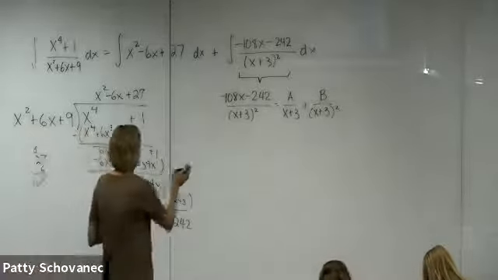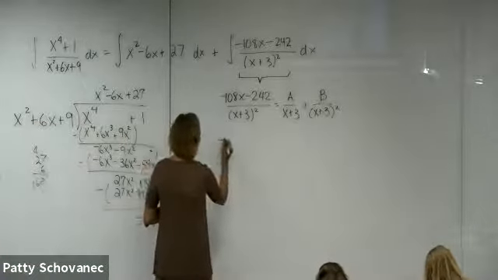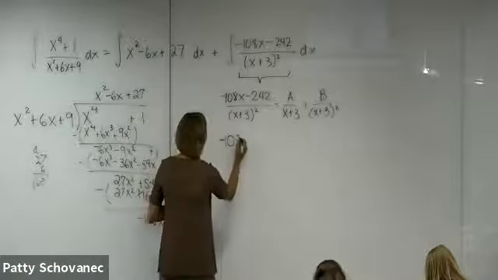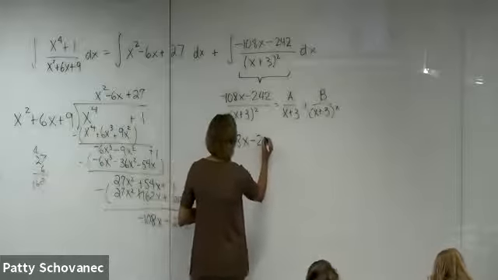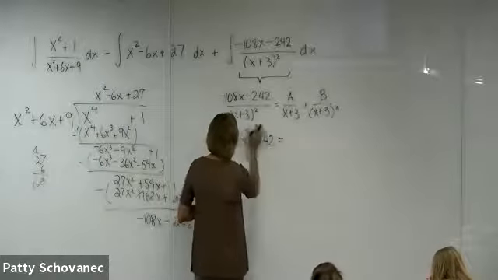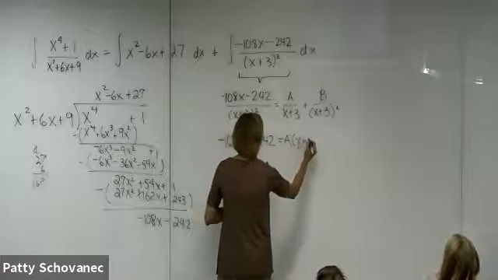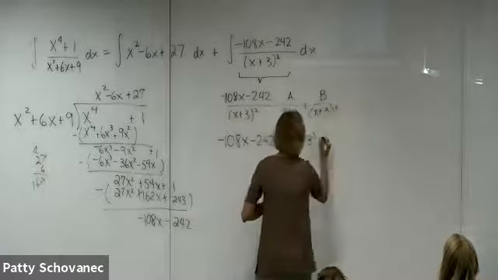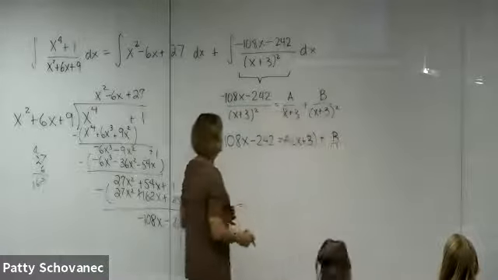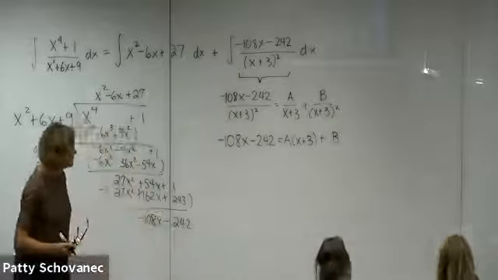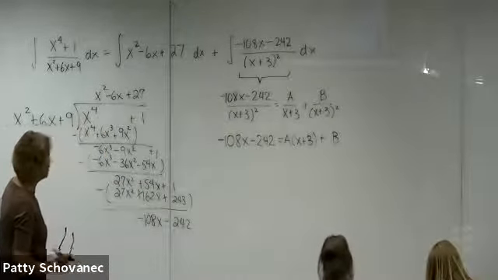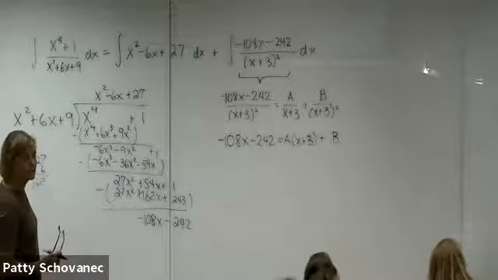And so when I multiply both sides by x plus 3 squared, I'm left with the numerator on the left. Multiply that here, and I'll get A times x plus 3. Multiply that here, and it just gives me B. So this one's relatively easy to just equate coefficients if you want.